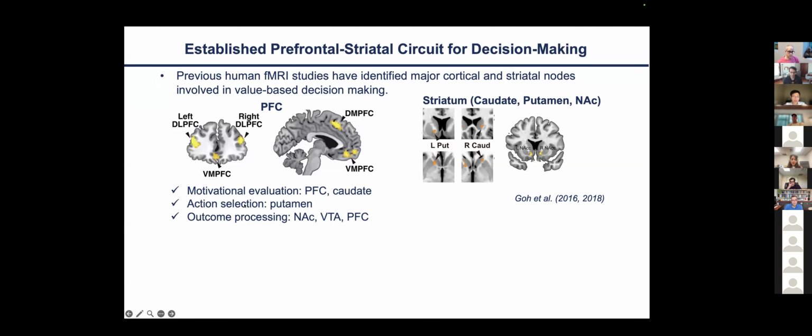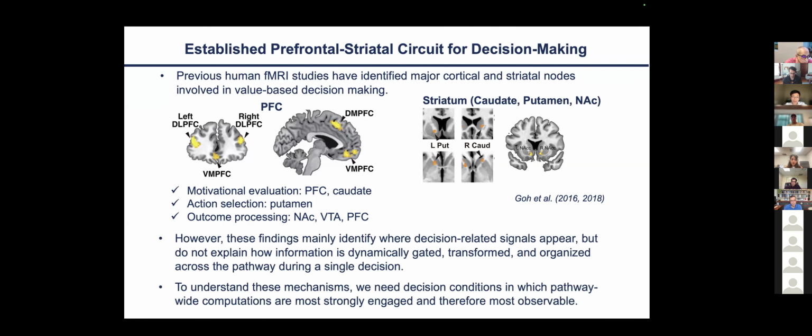For the action selection, the putamen is responsible for making the choice. For the outcome signal, either rewarding gain or loss, the nucleus accumbens and also the VTA, which is a very well-known rewarding processing region, are involved. And prefrontal cortex is also involved in outcome processing.